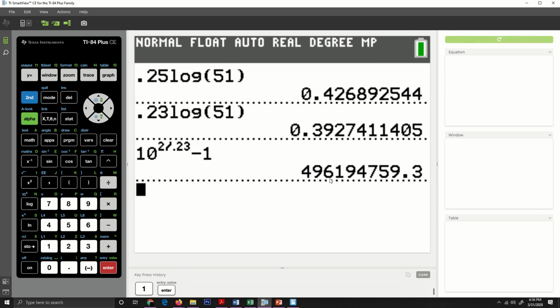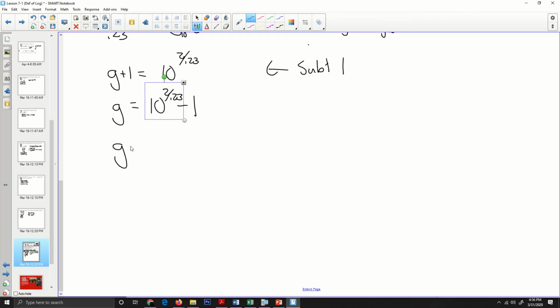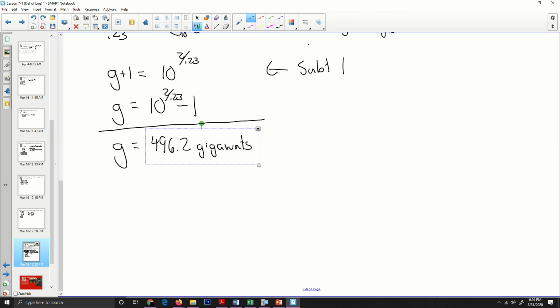I'm not going to write all these digits. So let's see here. This is millions. So we'll call it 496.2 million gigawatts, approximately. Well, that's all I have for today, folks.